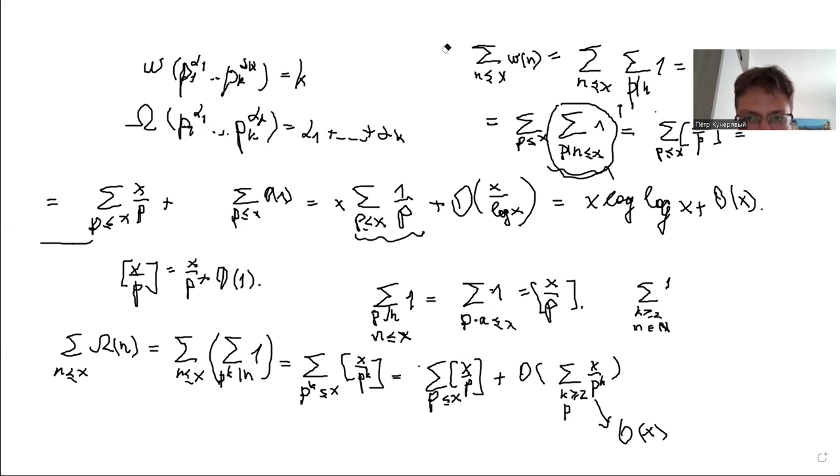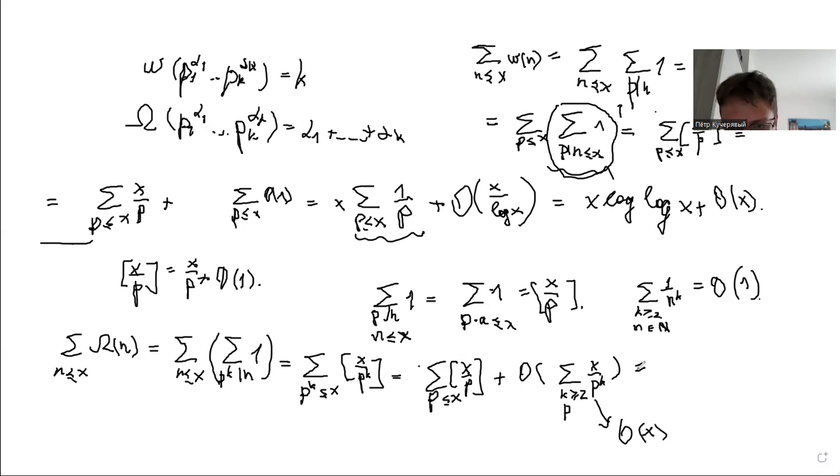Okay, converges to what? Who knows what this sum is? It doesn't matter. Let's write big O of 1, but it's a good natural number. So this is big O of x, yes? Is it clear?